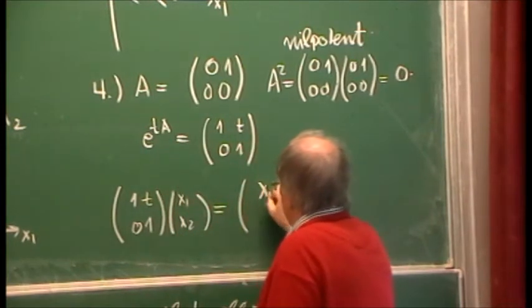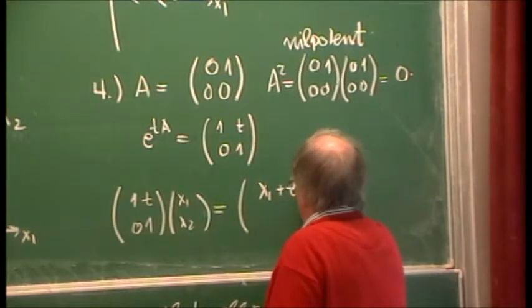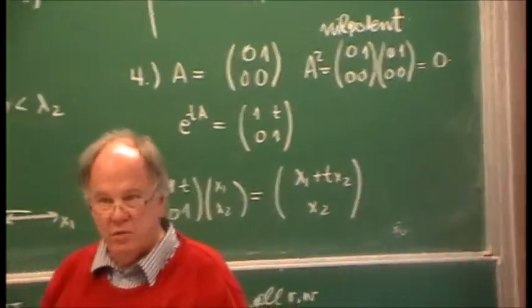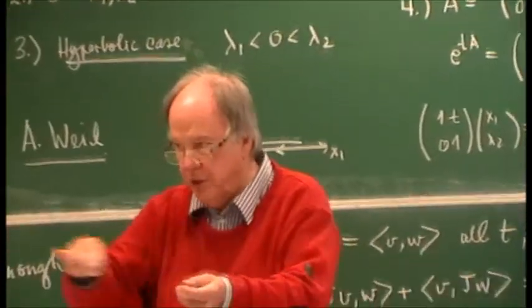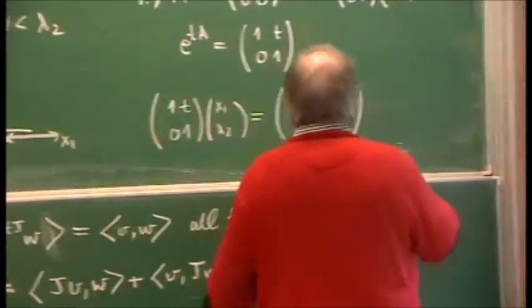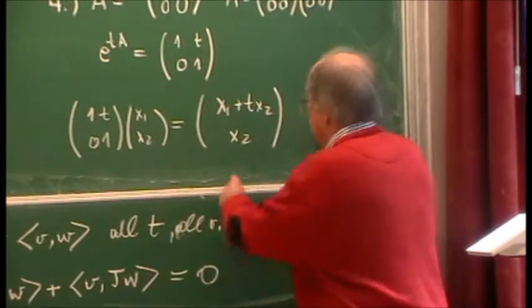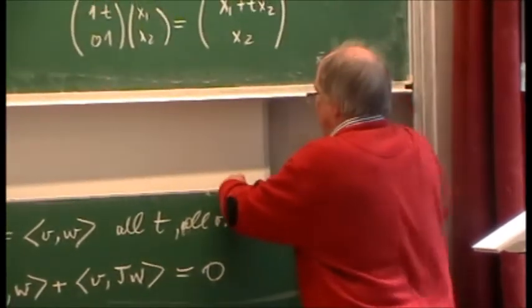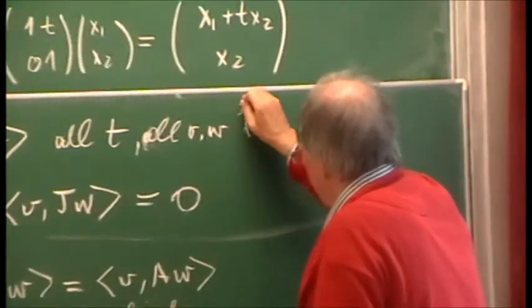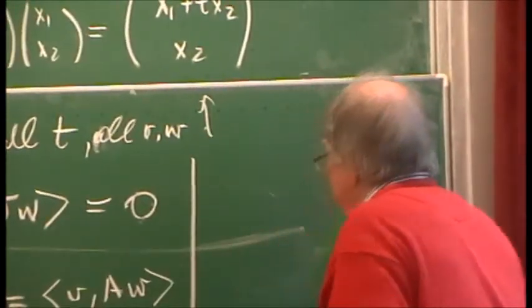You get x1 plus t x2, and then just x2. We talked about this before. This is what we call, at least in English, a shear. Because the flow, you see, I have a little space here. Let me draw a picture of the shear here.